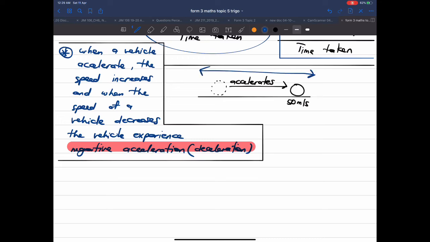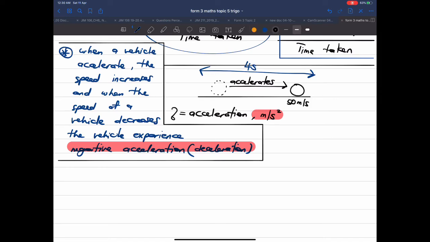Calculate the acceleration in meter per second square of the particle. As I said once again, this is very important. That is the unit of acceleration actually.